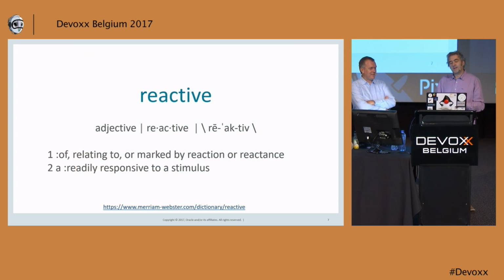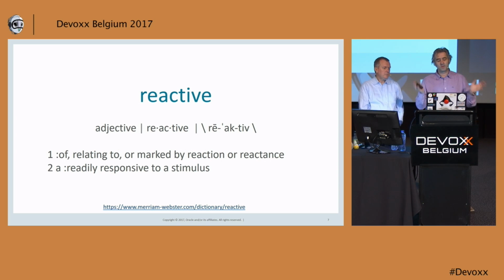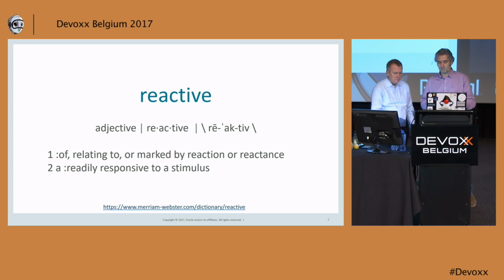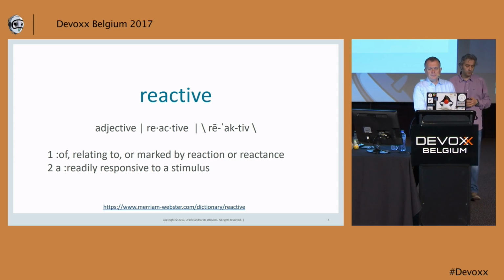So the title. Well, let me first give you an explanation, set the context of what we're going to discuss today. In the title, we are using a reactive term. So basically, JAX-RS and CDI can help you to cross the reactive bridge.